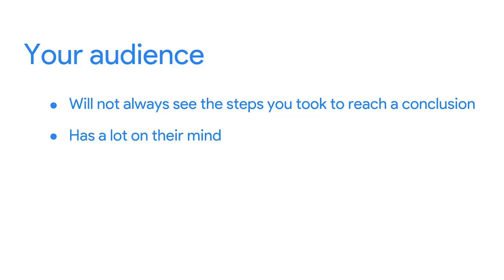Try not to tell stories that take your audience down an unrelated line of thinking. And try not to go into too much detail about things that don't concern your audience. You might have found a really exciting new SQL database, but unless your presentation is about databases, you can probably leave that out. Your audience can also be easily distracted by information in your presentation.